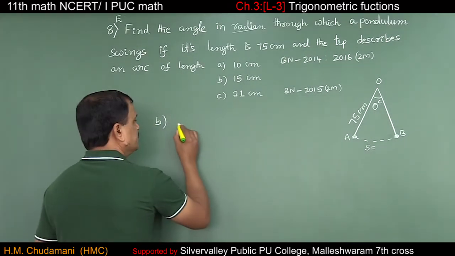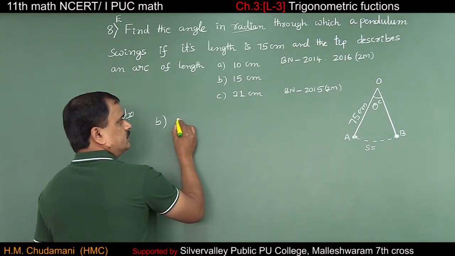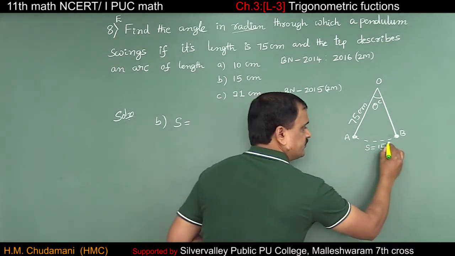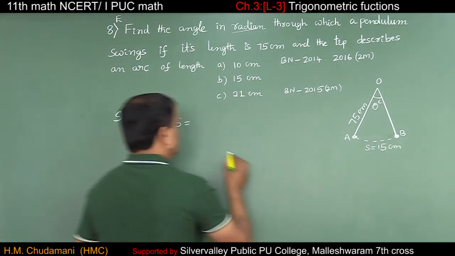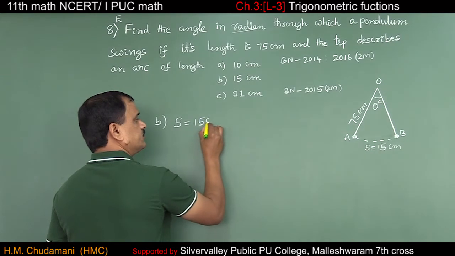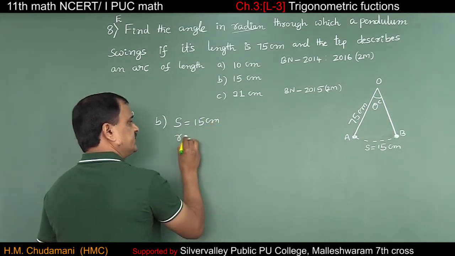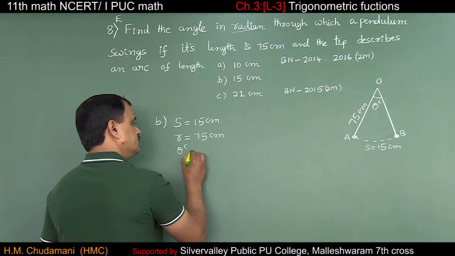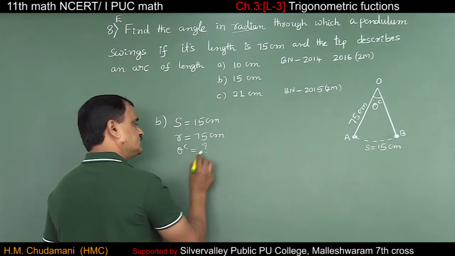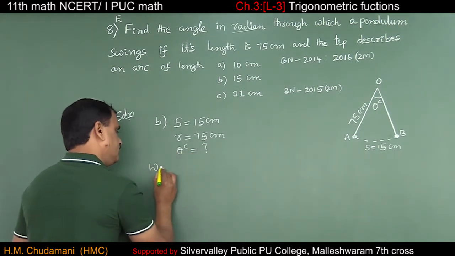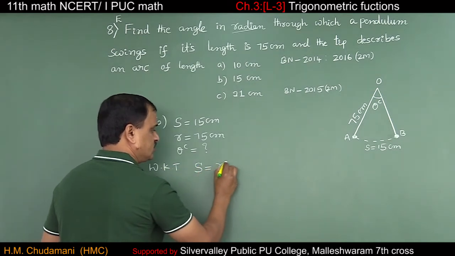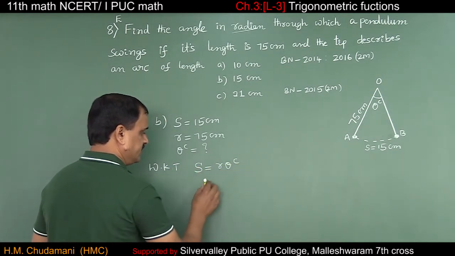Second case. Again, arc length S is equal to 15 centimeter. The radius R is equal to 75 centimeter. Theta radian, question mark. We know that the arc length S is equal to R into theta radian.